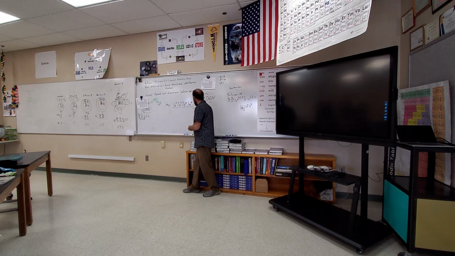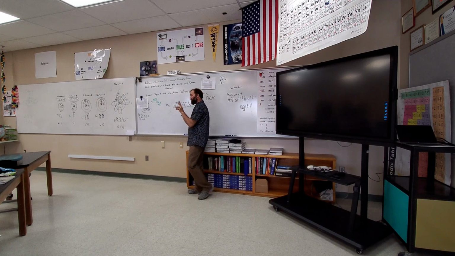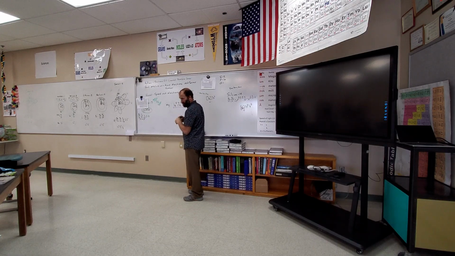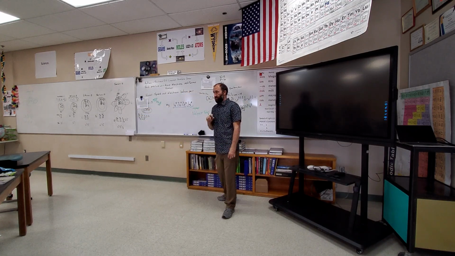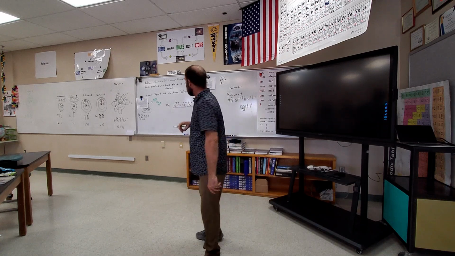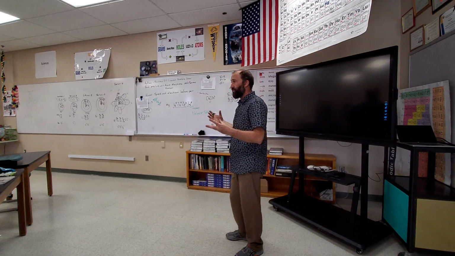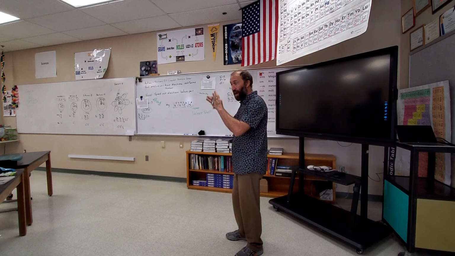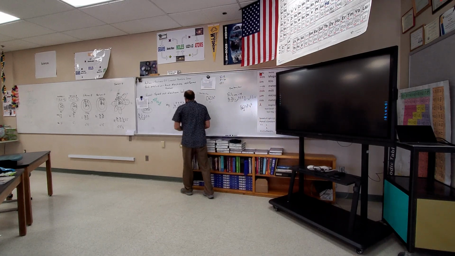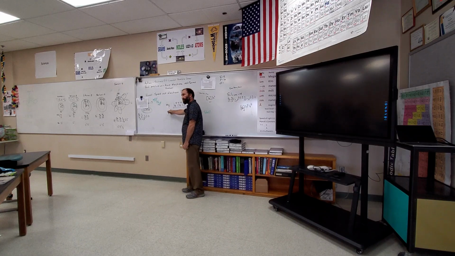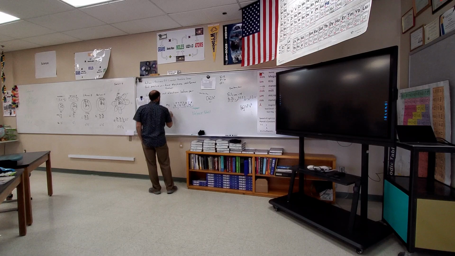The electrons that are in the highest energy level, we give those a special name, and I bet some of you remember that. Valence shell. Valence shell being those electrons on the outside, the highest energy level. Then everything underneath, we call that inner shell.